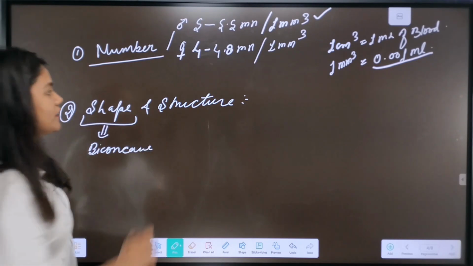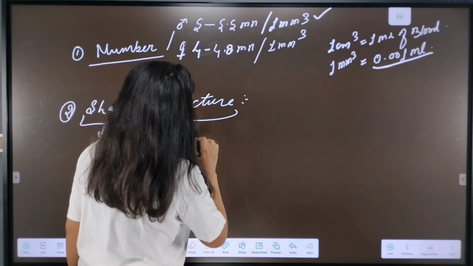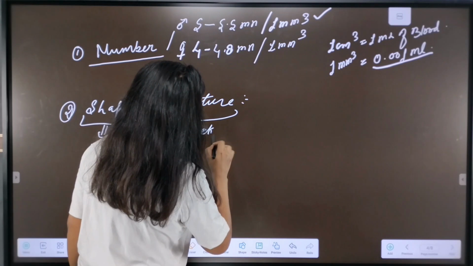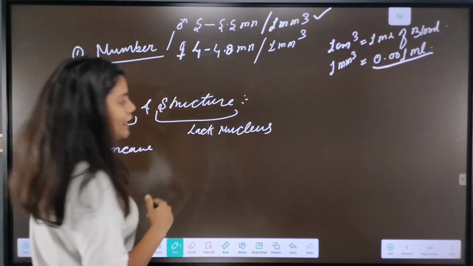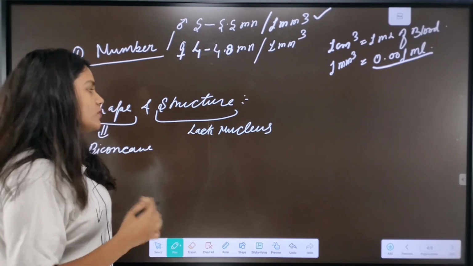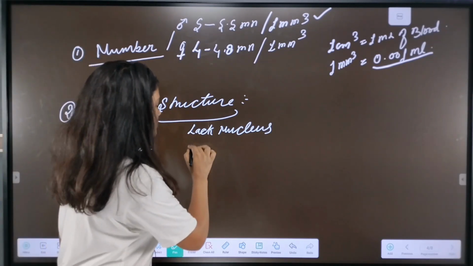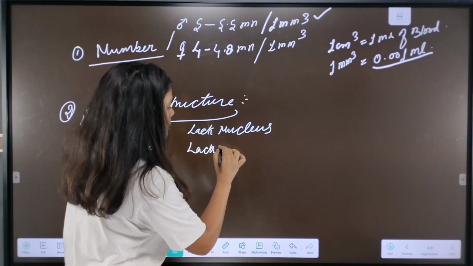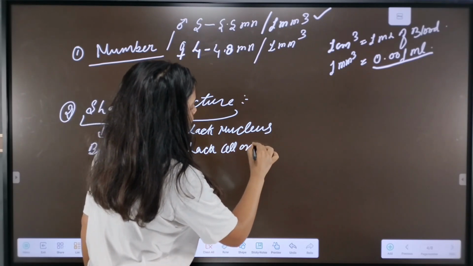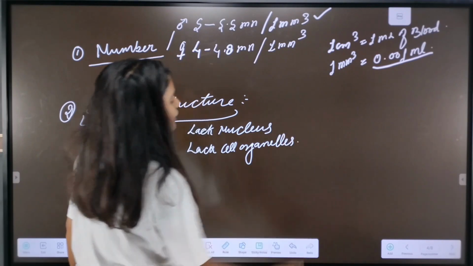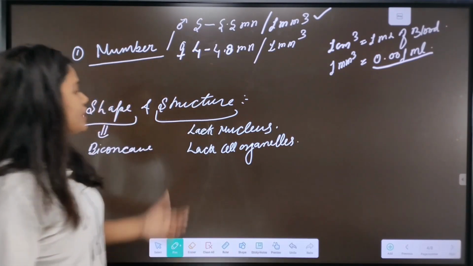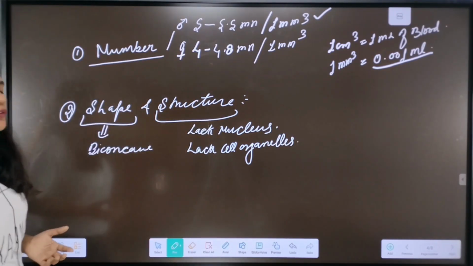Structurally, they do not have the nucleus, and other cellular organelles also lack. So what is the reason, and how do these things give an advantage to our RBCs? We are going to see.